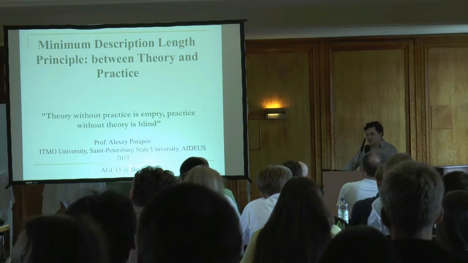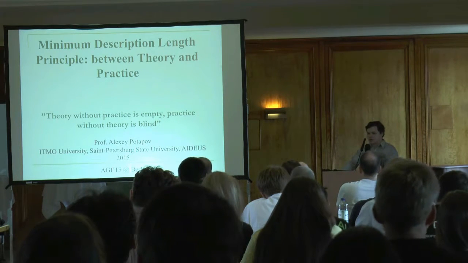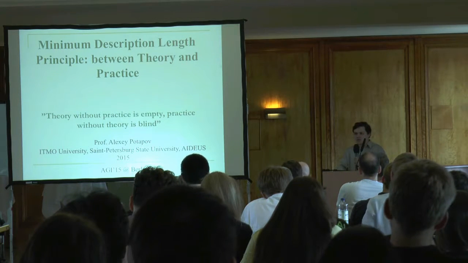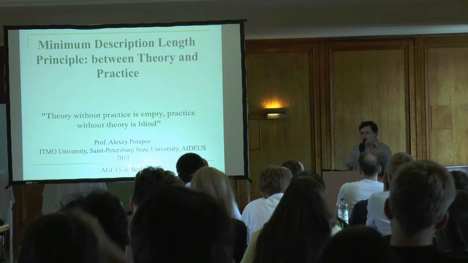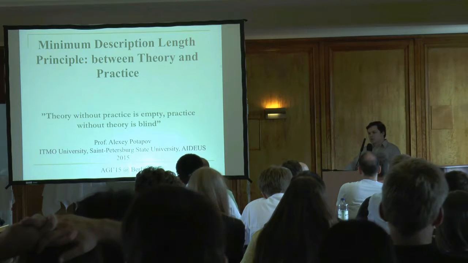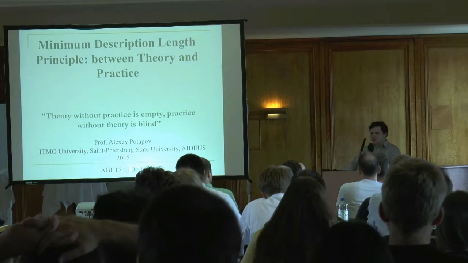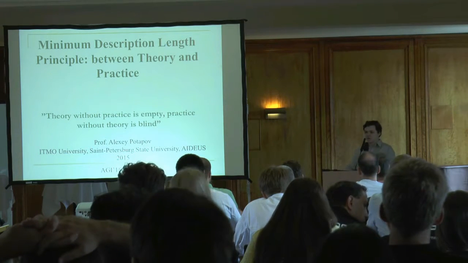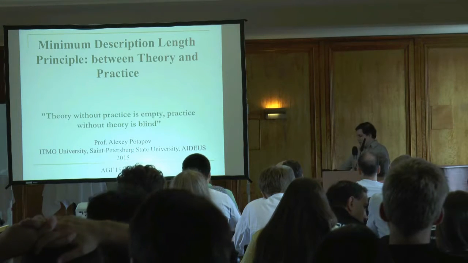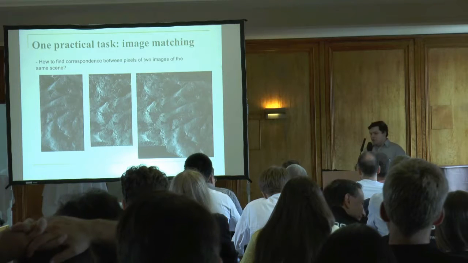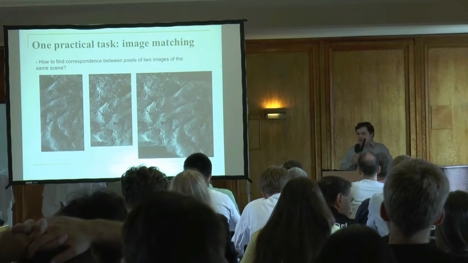For me, everything started approximately 20 years ago when I was an undergraduate student, and I began to work in a team solving computer vision and image processing tasks, practical tasks for different customers. And my first task was connected to aerospace image matching.